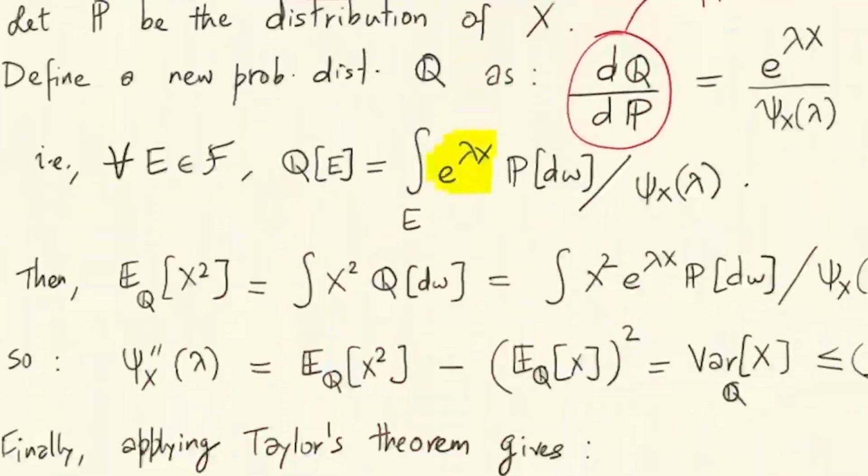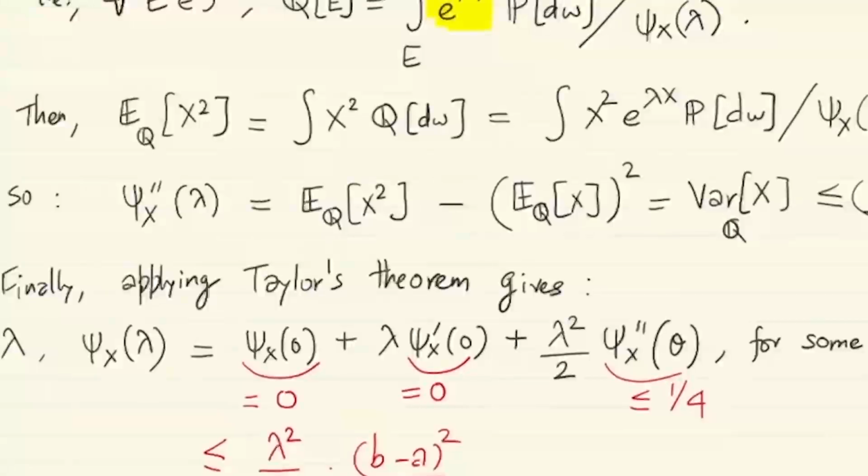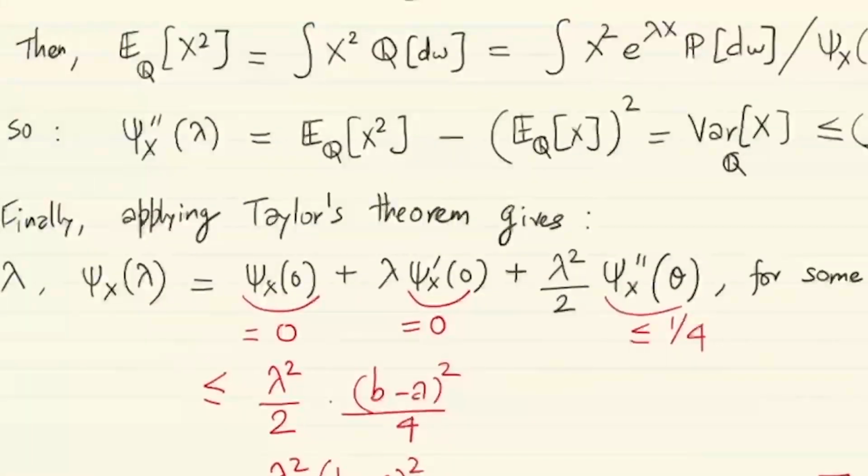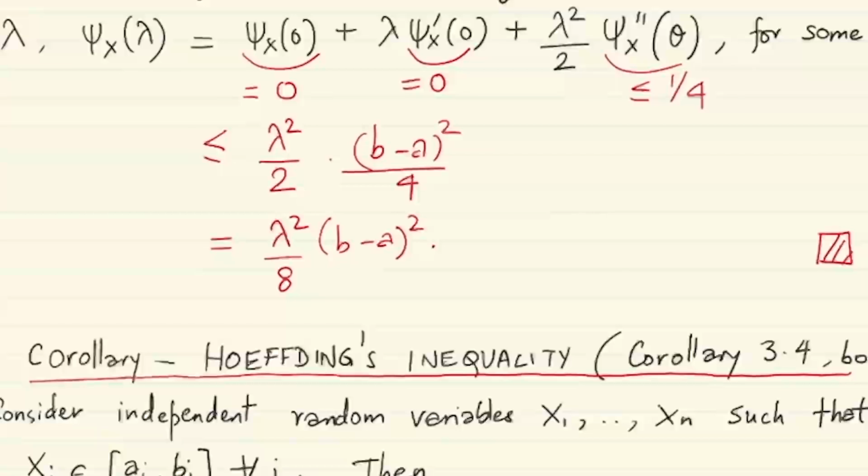So basically what we have shown is that for a random variable x bounded between the values a and b, its log moment generating function is always bounded by this quadratic function of lambda, with a bound on the coefficient being b minus a the whole square by 8. Okay. So an additional note here that I'd like to add is that this lemma is actually tight.